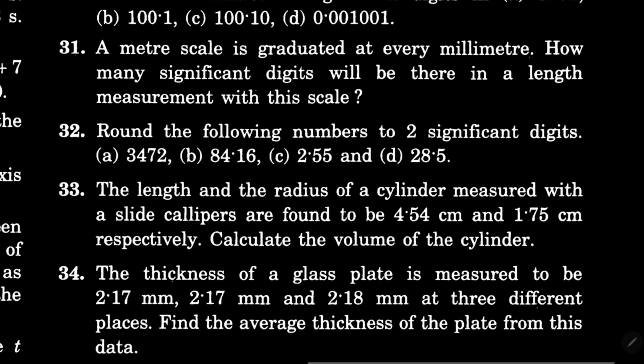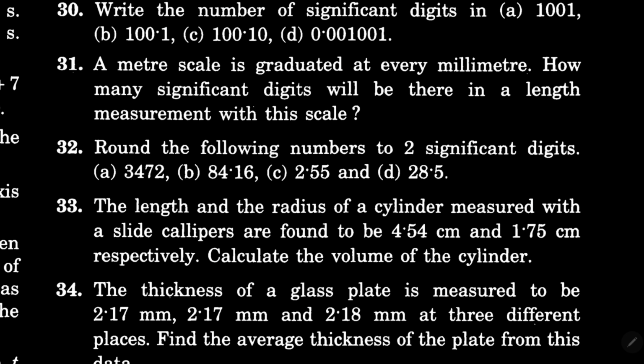In question 31, a meter scale is graduated at every millimeter. How many significant digits will be there in a length measurement with this scale? So we know that in 1 meter we have 100 centimeters, and in terms of millimeters it is 1000 millimeters.